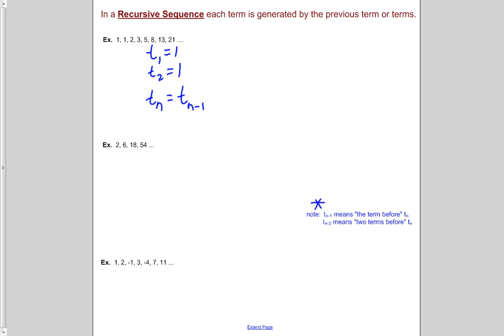Note down here that t subscript n minus 1 means look one term back. Add it to the term 2 back. So to generate term 3, for instance, we look and we add terms 1 and terms 2. Term 4 we got from adding term 2 and term 3, and so on.